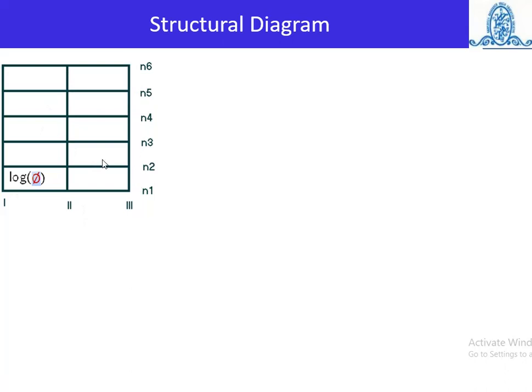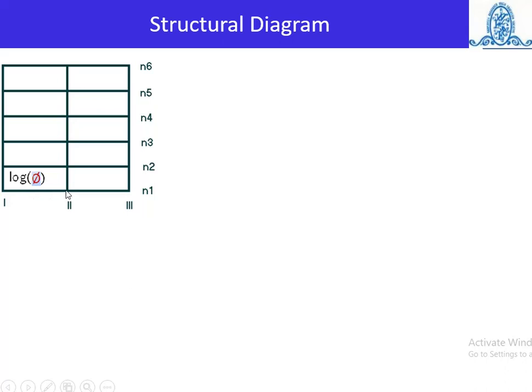So n is 2 here. So 2 plus 1, 3 vertical lines are there. And as we have seen, the distance between the two horizontal lines is log phi because phi is constant. We are following the geometric progression. Here this is the first stage. So first shaft 1 to shaft 2, this is the first stage.